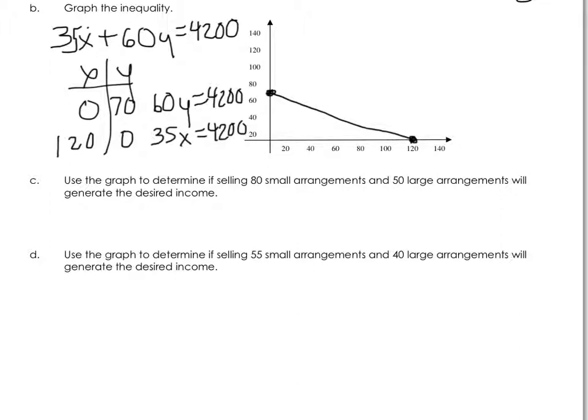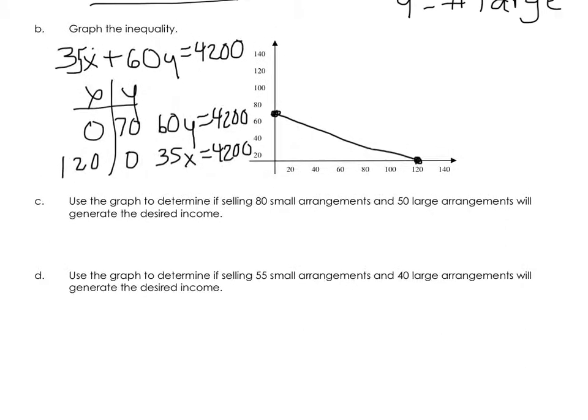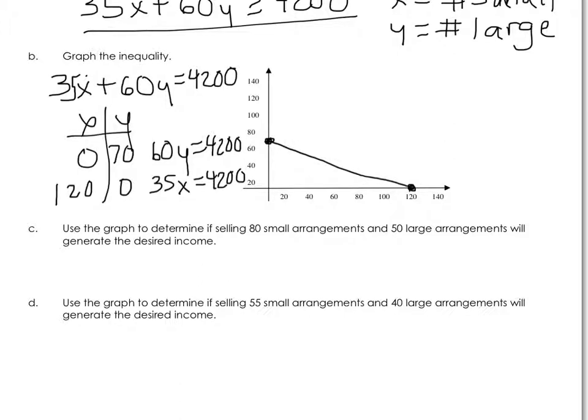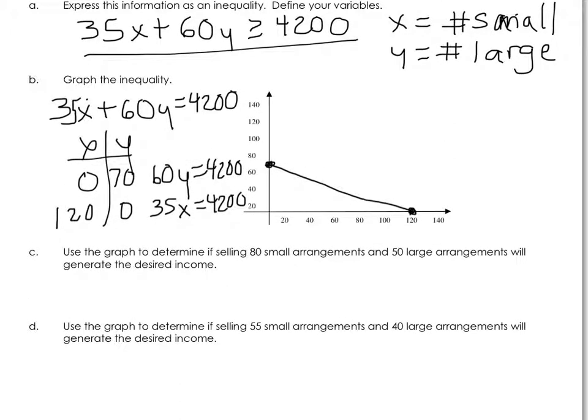We need to decide whether we're going to stay above or below our boundary line. Remember, we want at least, at the very least, $4,200. So let's use our test point. (0, 0) is up for grabs. Let's do it. Substitute (0, 0) into the inequality.